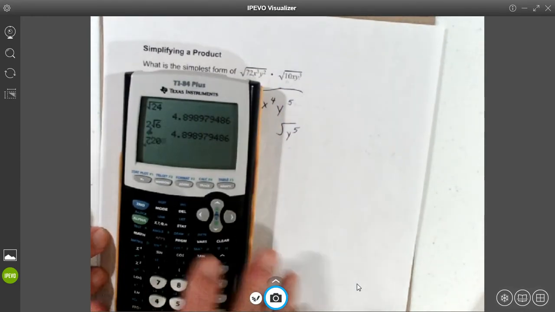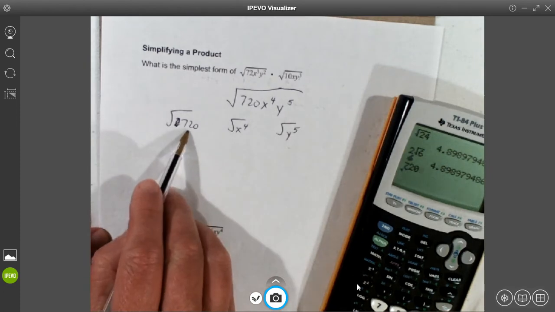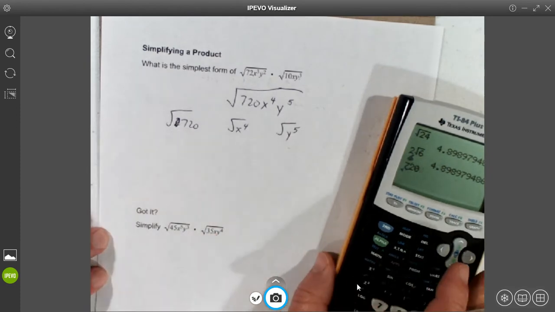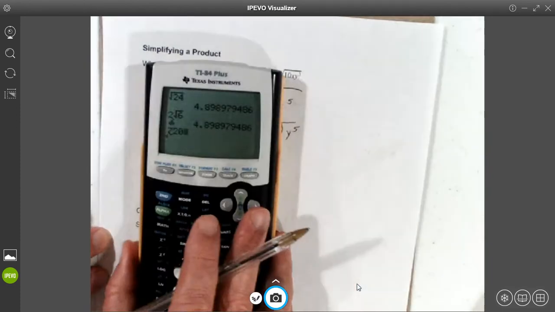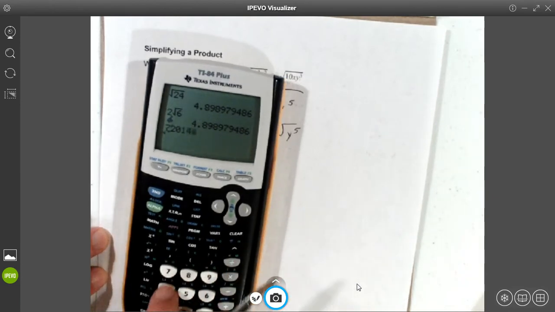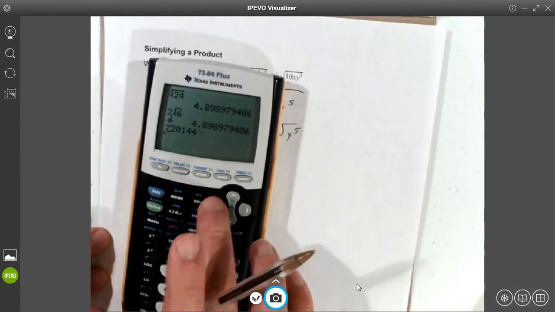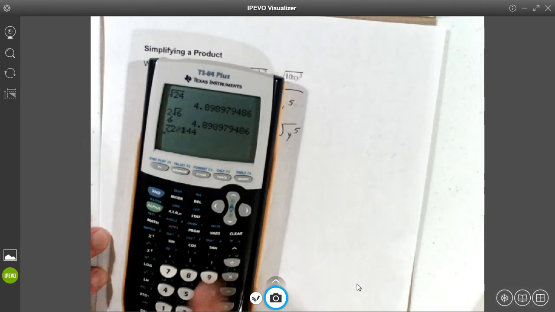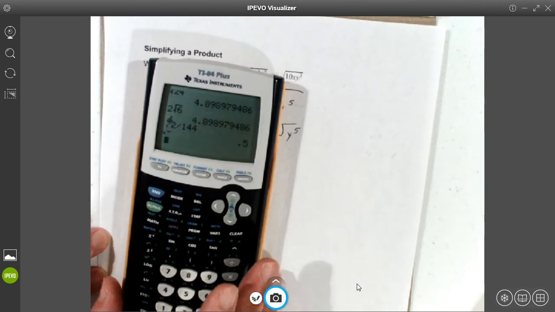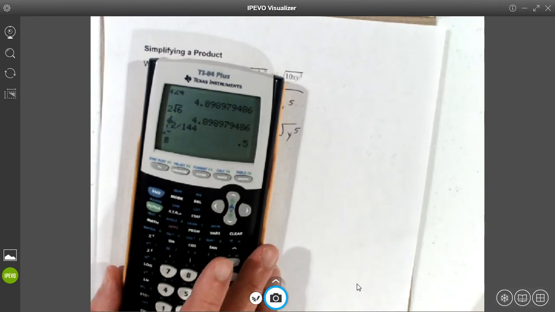720. Let's check 144. That's 12 times 12. Whoops, 720 divided by 144. No, shoot, but that's kind of pretty.